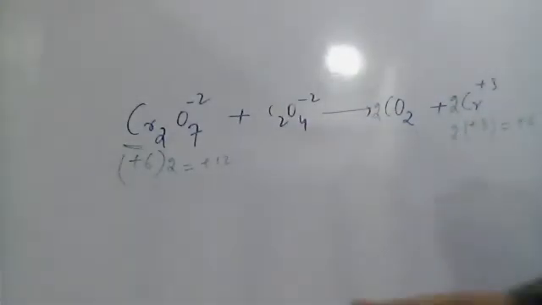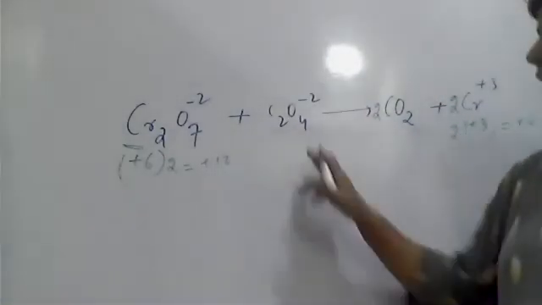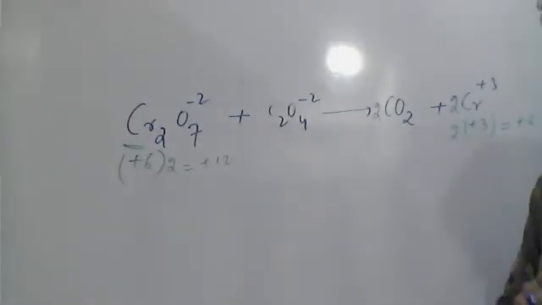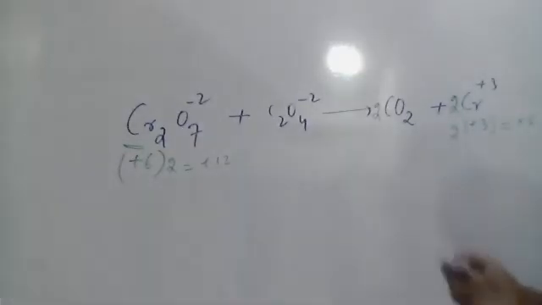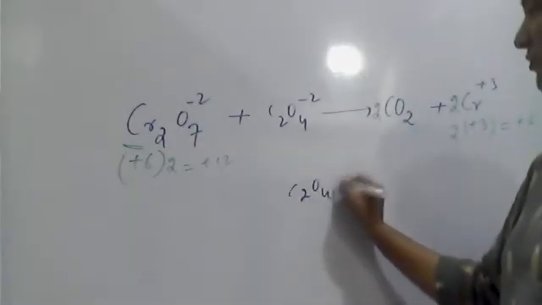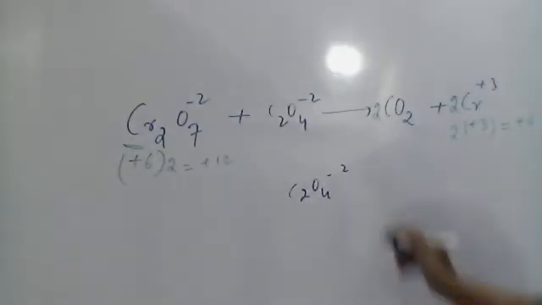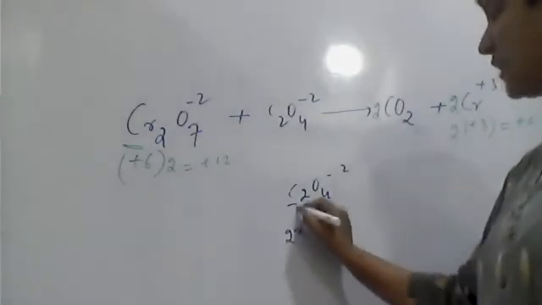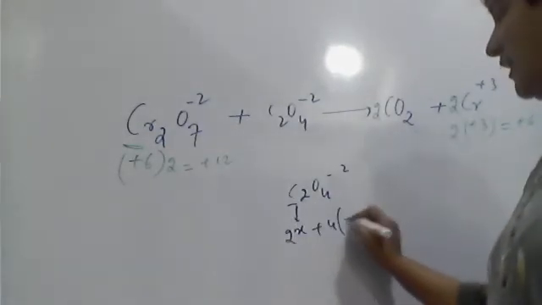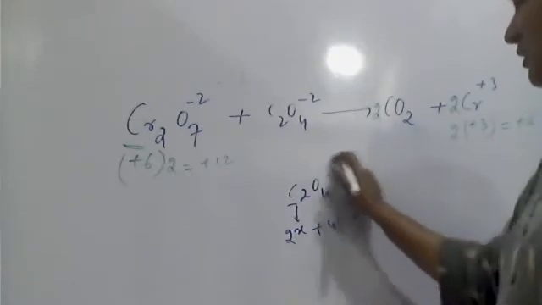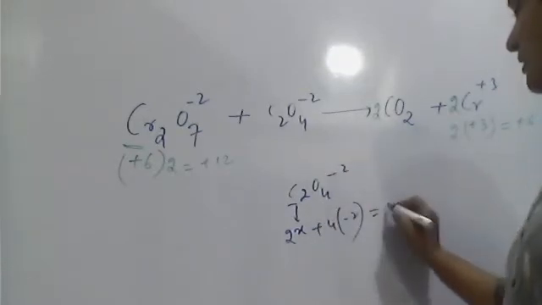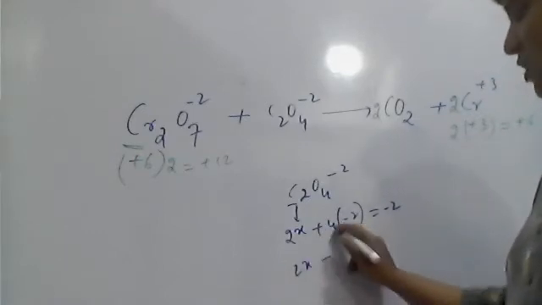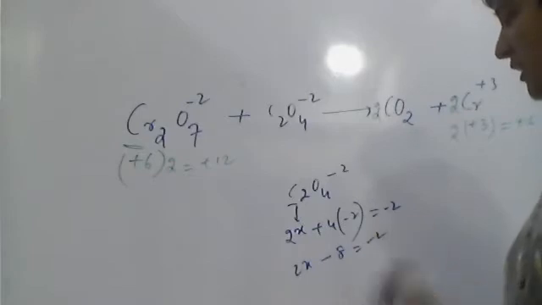And next, what about this carbon? In oxalate, the carbon is +3. The species is C2O4 minus 2. You are calculating for carbon x. For 2 carbons, 2x, then 4 oxygens, each one is minus 2, equal to the charge on the species, which is minus 2. So 2x plus 4 into minus 2, that is minus 8, equal to minus 2.